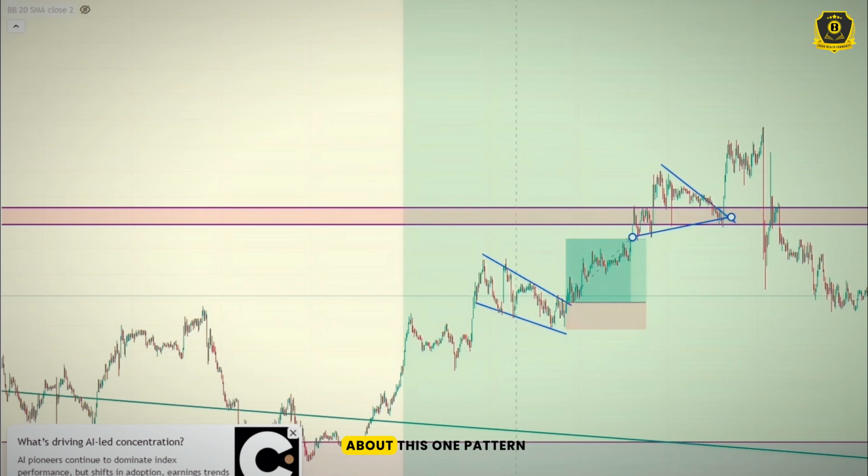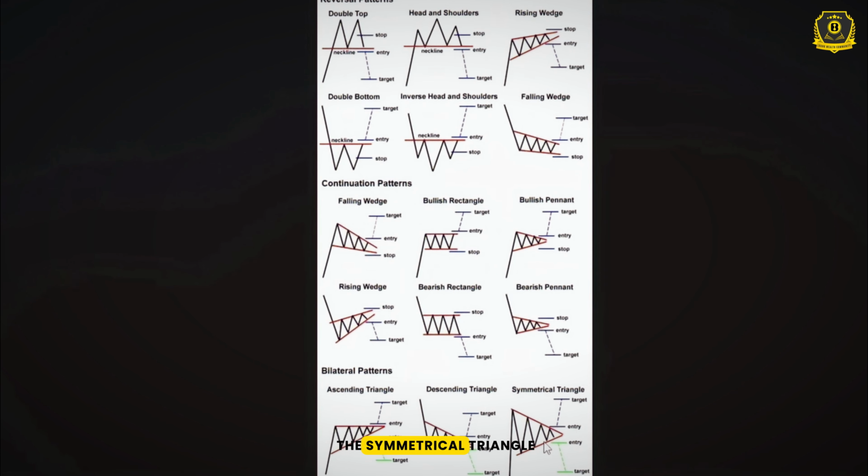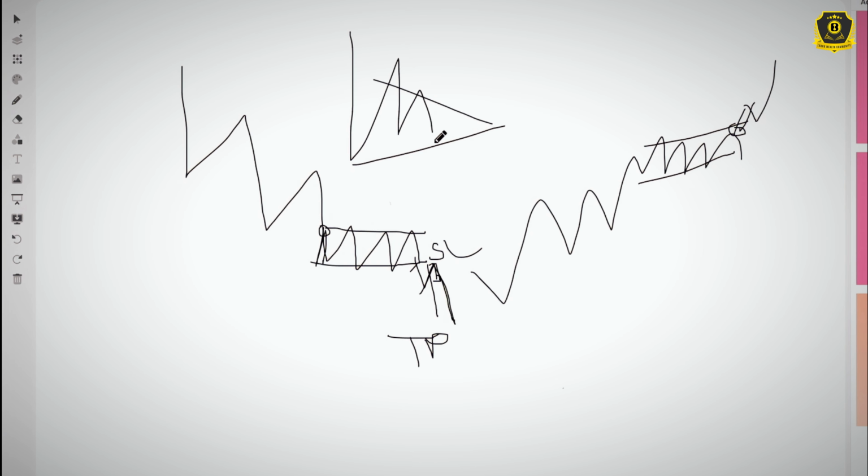Now we're going to talk about this one pattern and how we can use it. This is the symmetrical triangle. Symmetrical is the neutral pattern, ascending is the bullish. If there is a breakout, then we can get a trading opportunity. The symmetrical triangle shows like this: if it breaks here, it will go up; if it breaks down, it will go down.